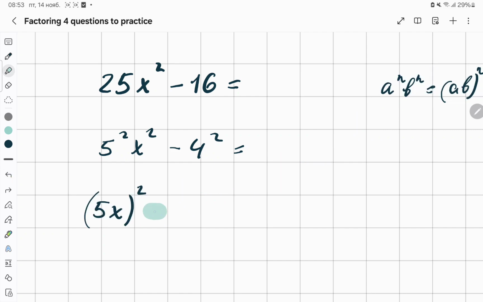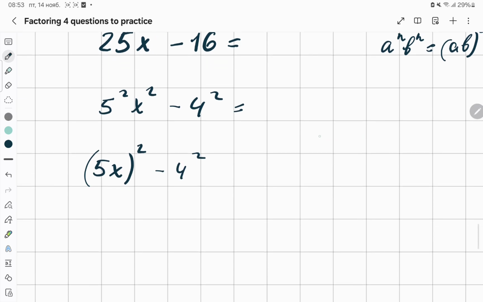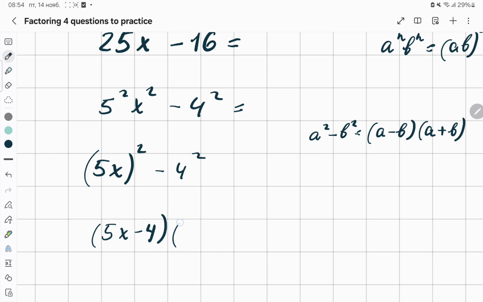Okay, now minus 4 squared, and now here we see that we will use another formula: the difference of two squares. a squared minus b squared is equal to a minus b times a plus b. Okay, and our a is 5x and b is 4. And now let's just use this formula to show that it could be written in this way: 5x minus 4 and 5x plus 4, according to this formula.